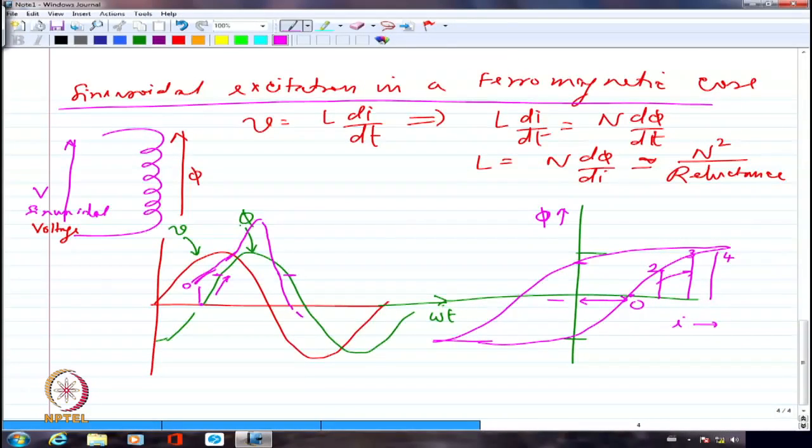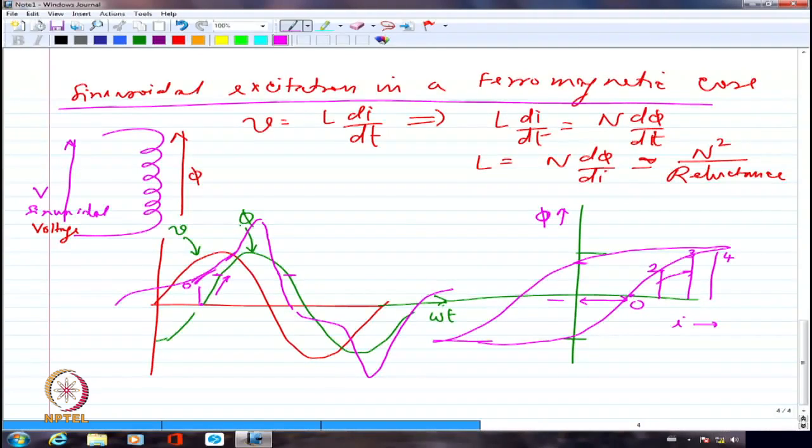So, you may have a wave shape somewhat like this as far as the current is concerned, because of the hysteresis property. The hysteresis property ensures that wherever saturation plays a role, the current is varying very fast without the flux varying much.